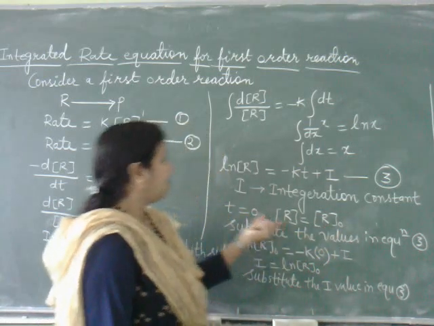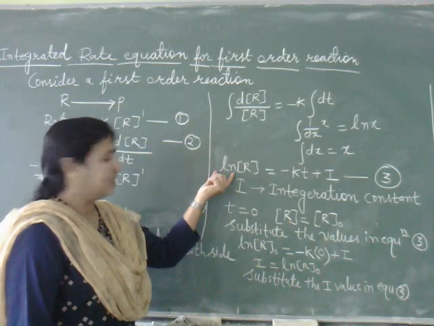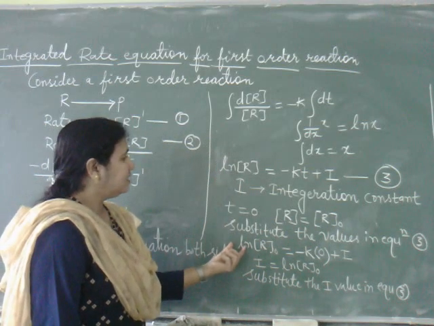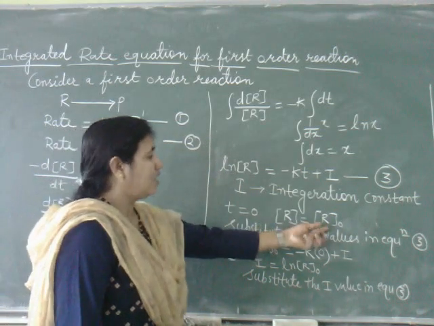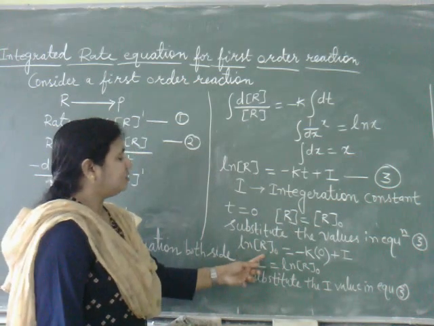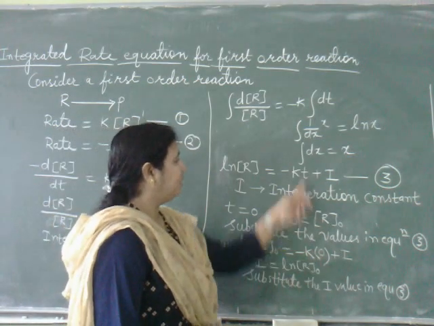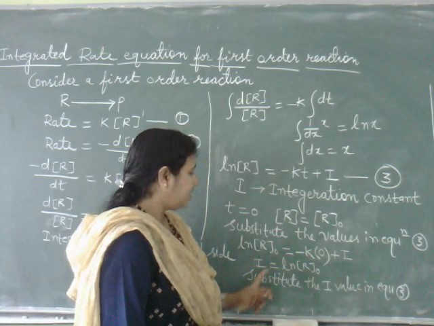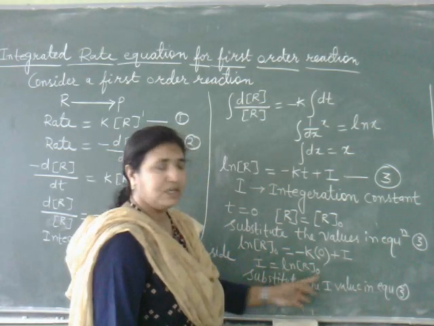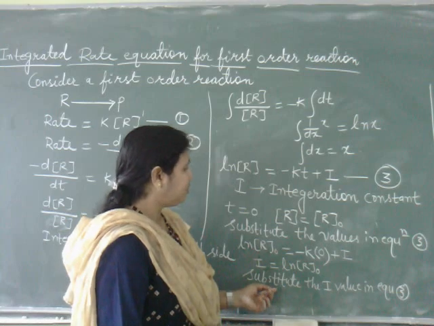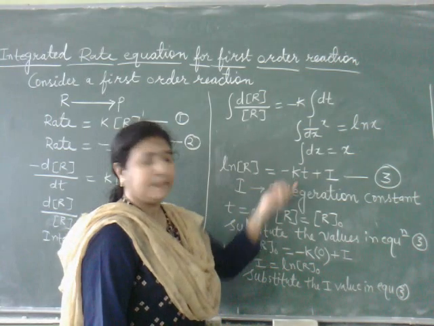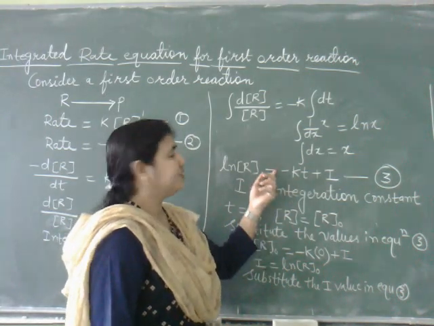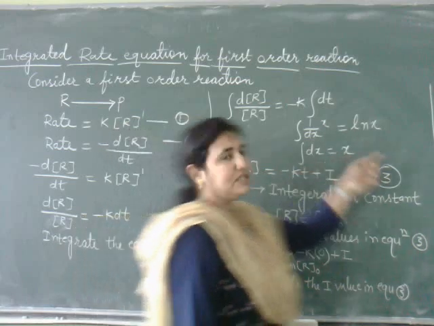We put this value in equation number 3. So R becomes R naught: ln R naught is equal to minus k into 0, since t is 0, plus I. So we get I is equal to ln R naught. Now just substitute this I value in equation 3.